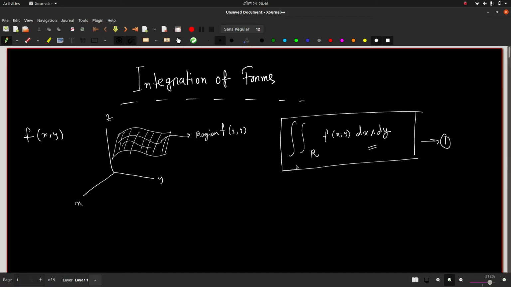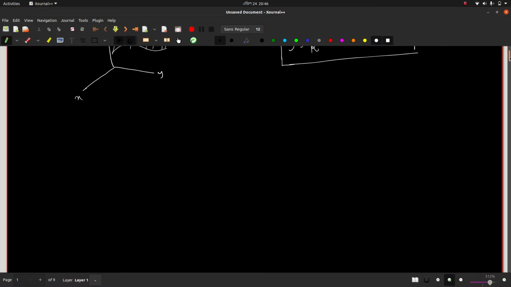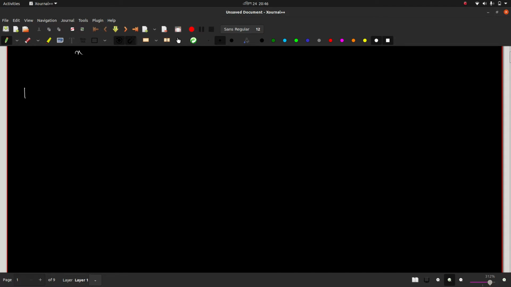So we should look into another tool that will enable us to compute this type of quantities, and there is a relation.